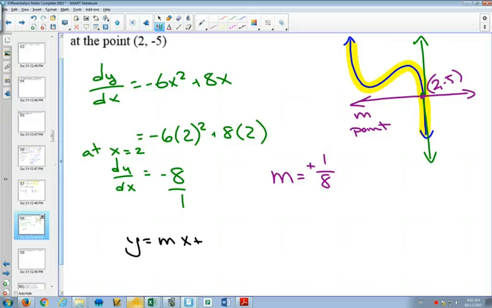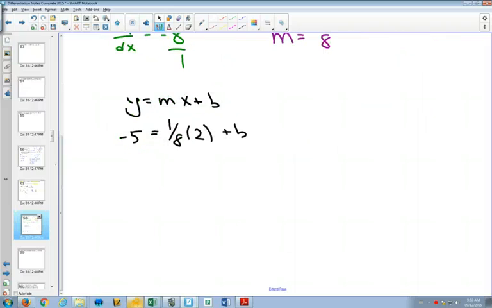If you want to use y equals mx plus b this time, we know 1/8 is our slope. We know that when x is 2, y is -5. The only thing we'd have to solve for is b. This is 1/4, subtract 1/4 on both sides.